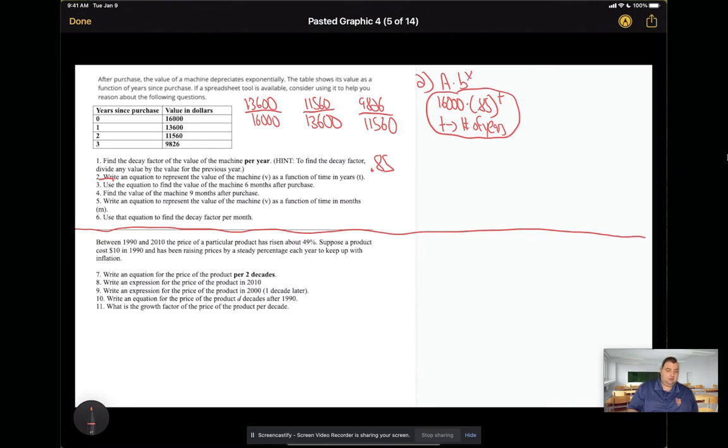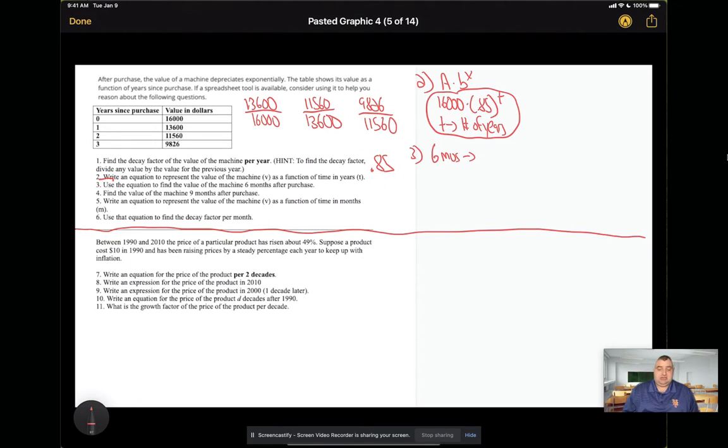Okay. Number 3. Use the equation to find the value of the machine 6 months after purchase. So I can't plug in 6 for T because plugging in 6 would mean 6 years, not 6 months. So I have to take 6 months and convert it to years.